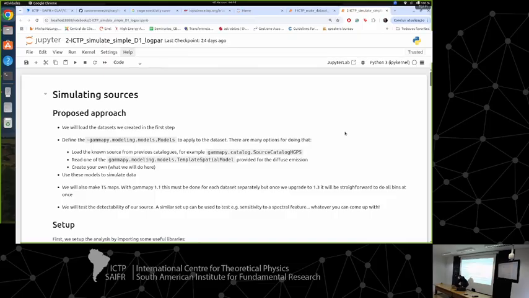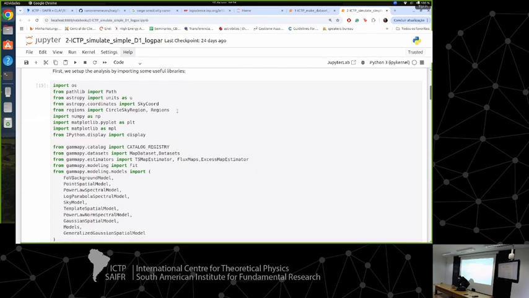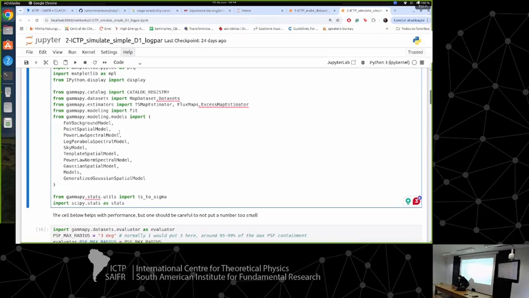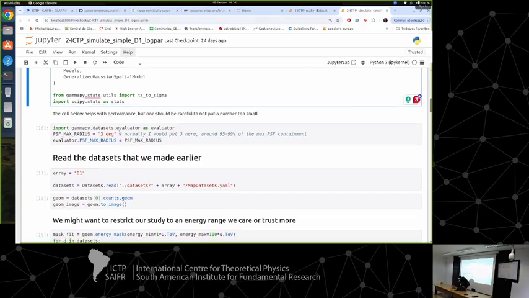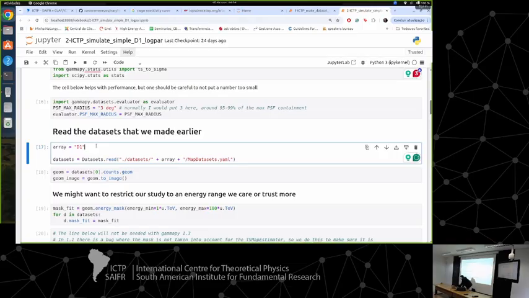Okay, so here we are simulating the detection of a source which has a spectrum of a log parabola. We have to start by importing some libraries. You can shift enter and run all of these cells. We are choosing the array D1 because this is the array that we saved the data in the previous notebook.